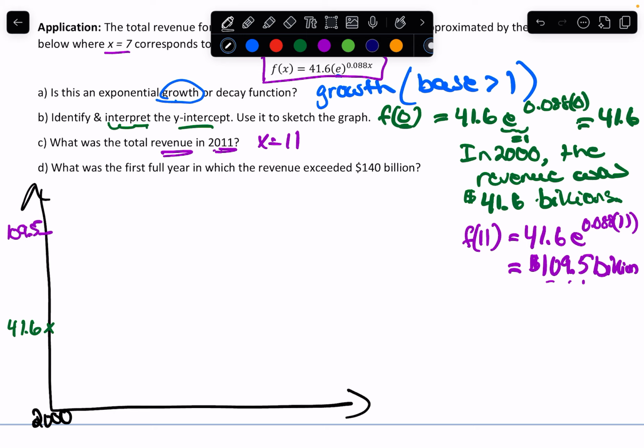And then we are moving up to 2011 here, and the revenue is 109.5. Okay, so our graph is going to look something like this.